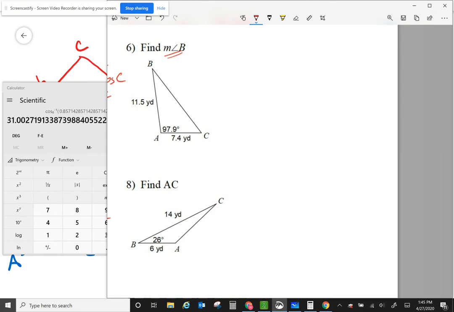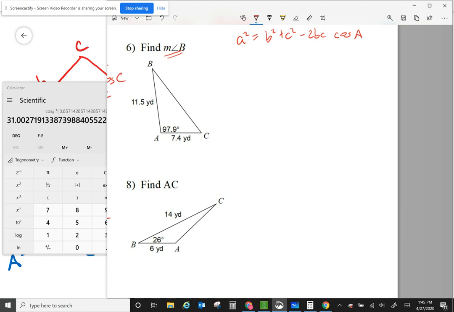I see that I have angle A, so the formula I'm going to be using, law of cosines, is the one with angle A. From the formulas I gave you guys, the first one, I have that A squared is equal to B squared plus C squared minus 2 times B times C times cosine of A. I can use law of sines when I have two of the same letter.